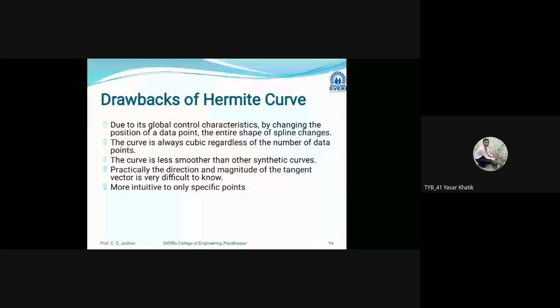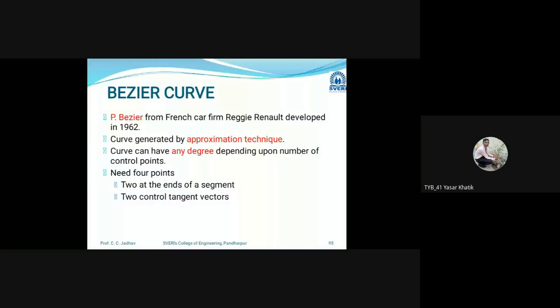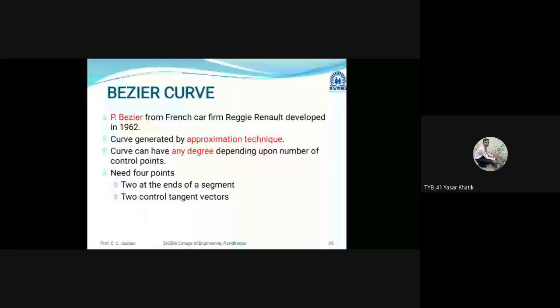So we have to remove these drawbacks, so we will introduce a new type of curve, that is the Bezier curve. In the Bezier curve, we use approximation values to produce a smooth curve that does not pass through all the data points. We are just removing the drawbacks of the previous curve, the Hermite curve.